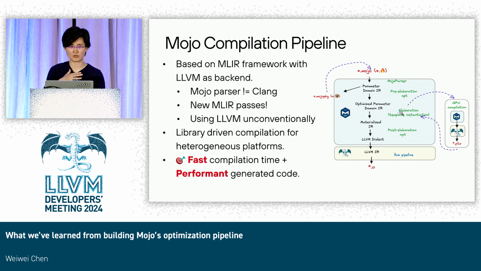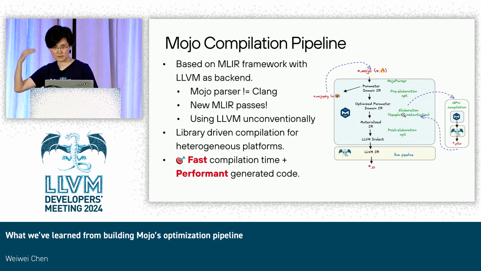Instead of running the interpreter, when we try to materialize the GPU code, we run a code compilation for GPU. This part is pretty similar to the main flow here. I'm just going through it briefly. Then we generate PTX code as the result of elaboration, plug it back into the elaboration phase for the host code, and then go down.